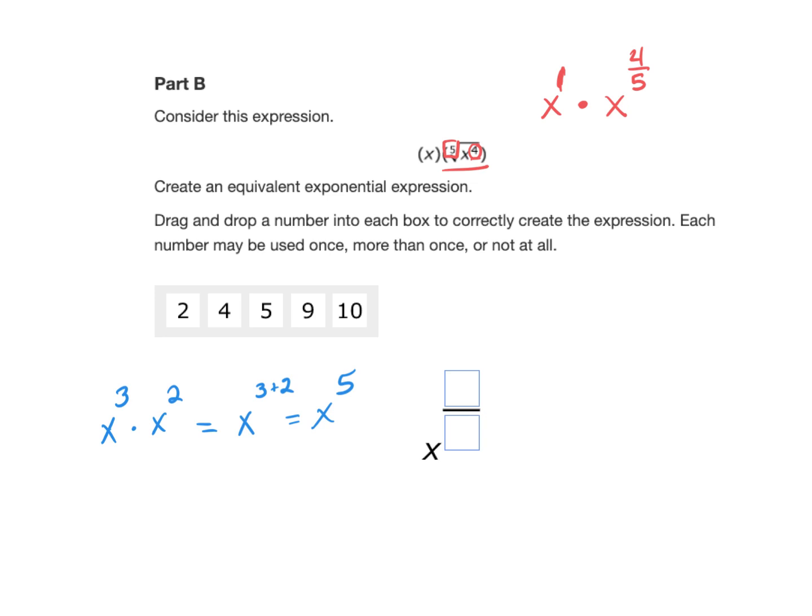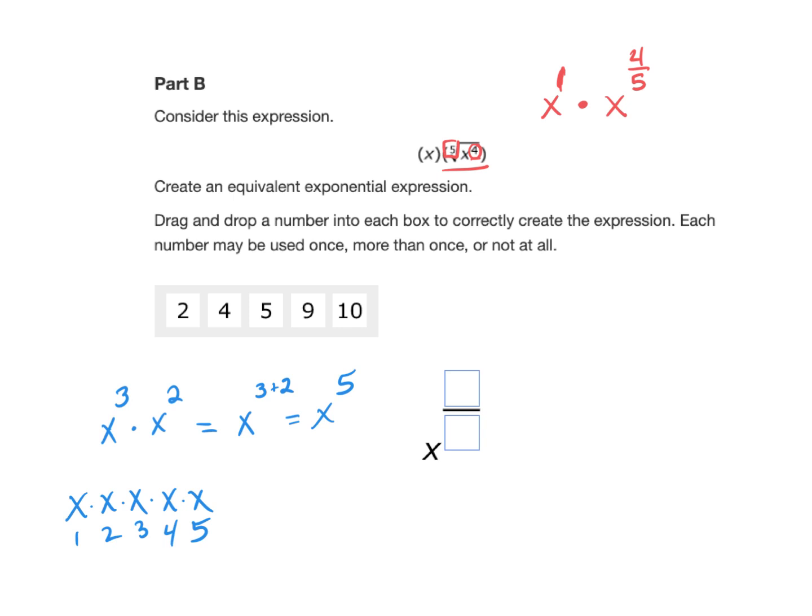Okay, why is that? Because x cubed is x times x times x, and x squared is just x times x. And if you'll notice, I have 5 x's, so that's how I get x to the 5th. So that's why we add our exponents when we multiply.